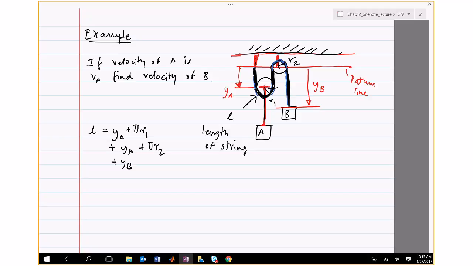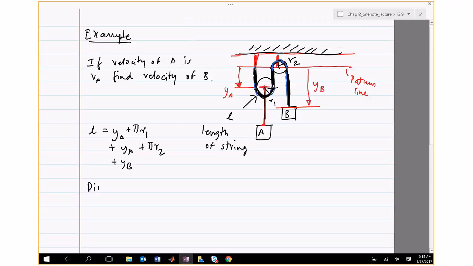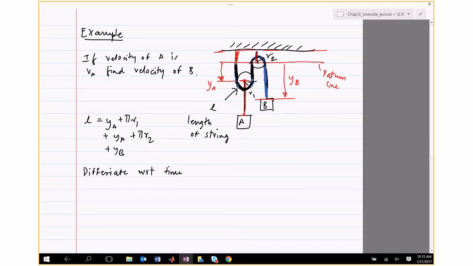Once you are here, it's very trivial to get the velocities. Simply differentiation. Differentiate with respect to time. L dot is YA dot plus pi R1 dot plus YA dot plus pi R2 dot plus YB dot.